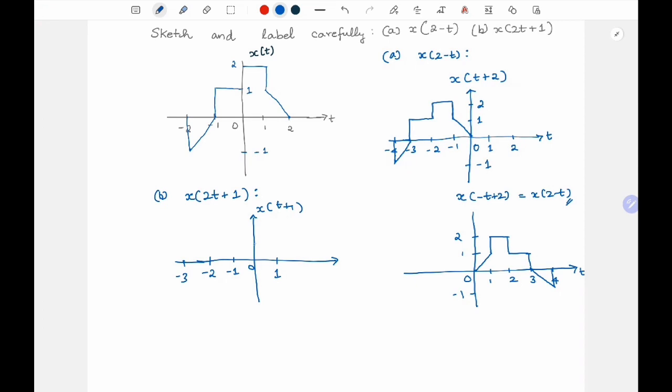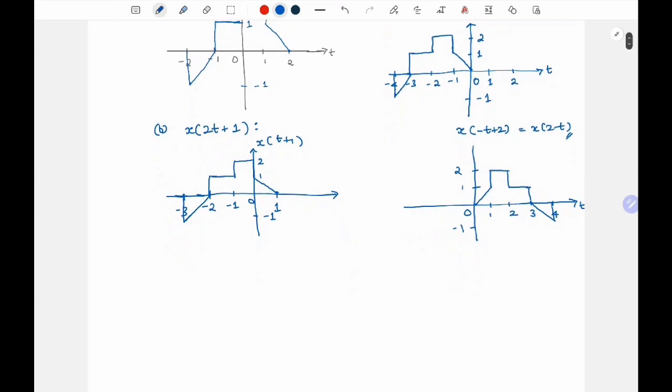From 1 it goes to 1 here, and from here it goes to 2 and stays at 2, comes back down to 1, and stays at 1. Again it goes to 0, then from 0 it decreases to minus 1, and comes back to 0 again. So this is x of t plus 1.